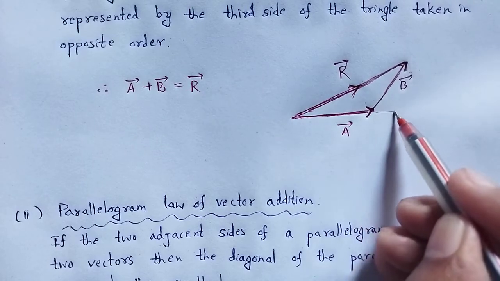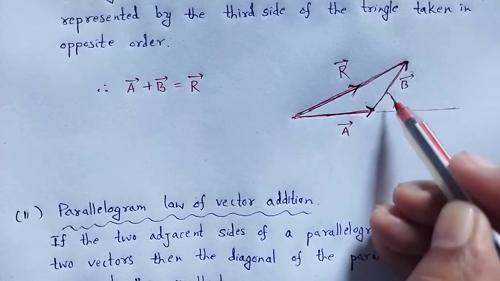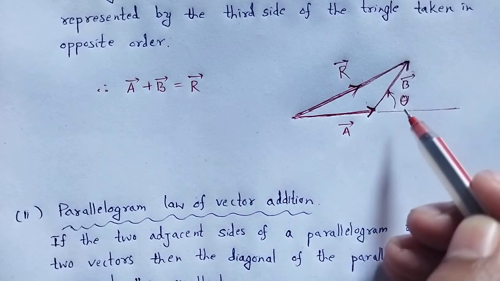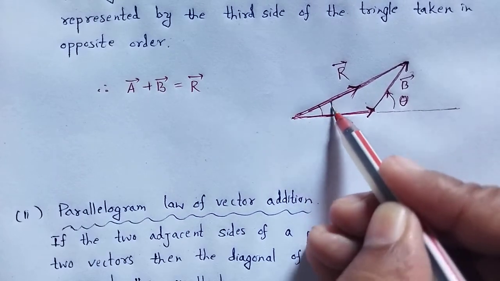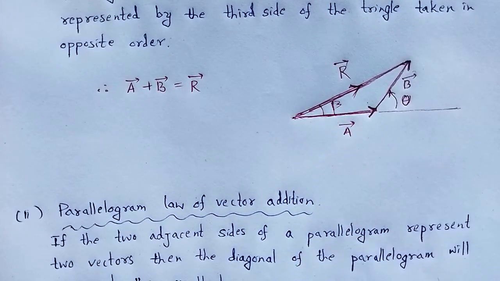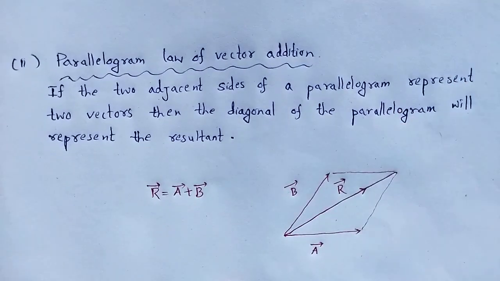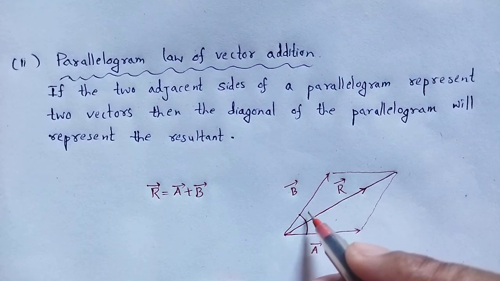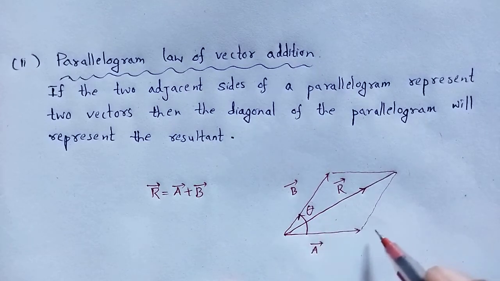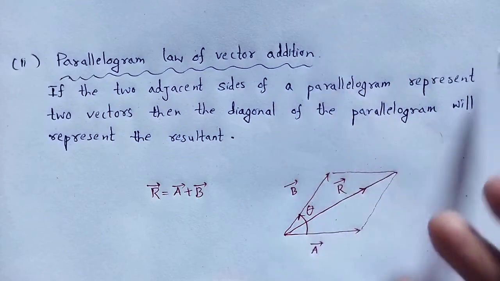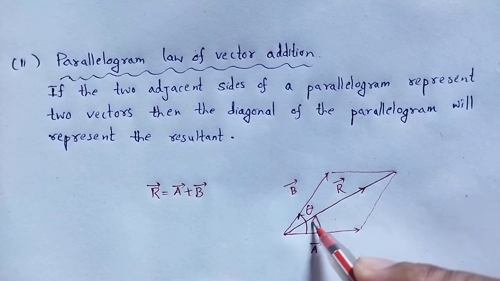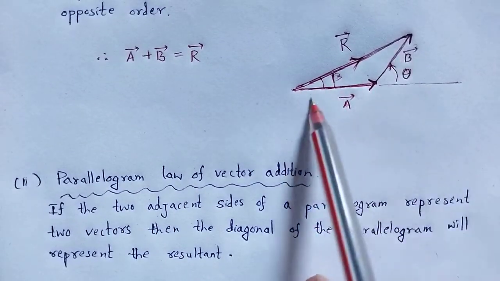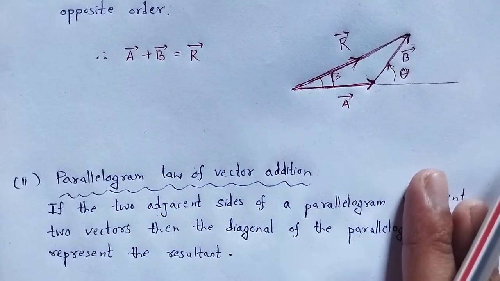Let the angle between A vector and B vector be theta, and let the angle between the resultant and A vector be beta. In the previous case also, the angle between the resultant and the A vector is beta.